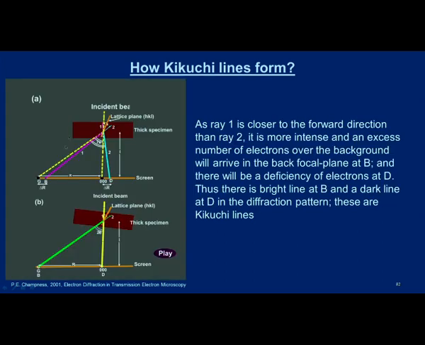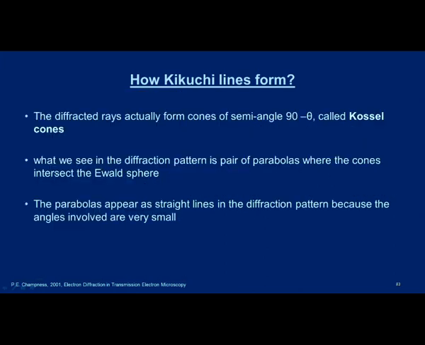The cone which I am talking about, in 3D it will appear as a cone. I will show you one more schematic, you will appreciate that. What we see in a diffraction pattern is a pair of parabolas where the cones intersect the Ewald sphere. The parabolas appear as straight lines in the diffraction pattern because the angles involved are very small.